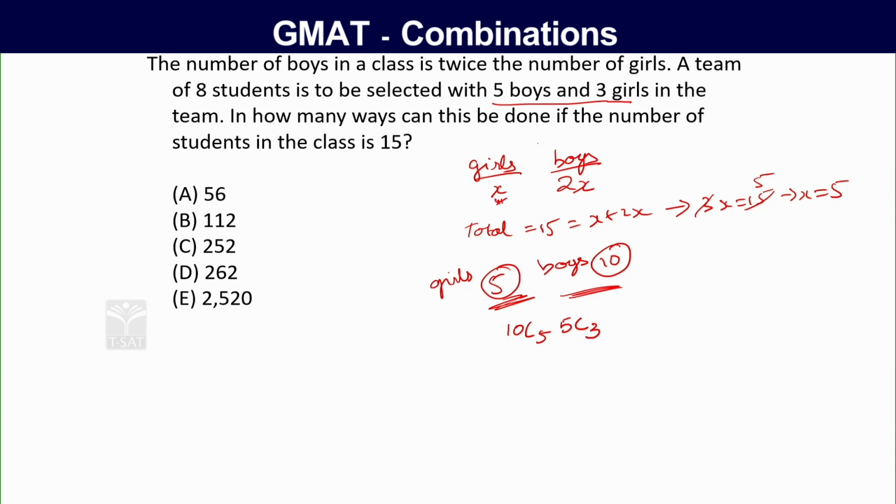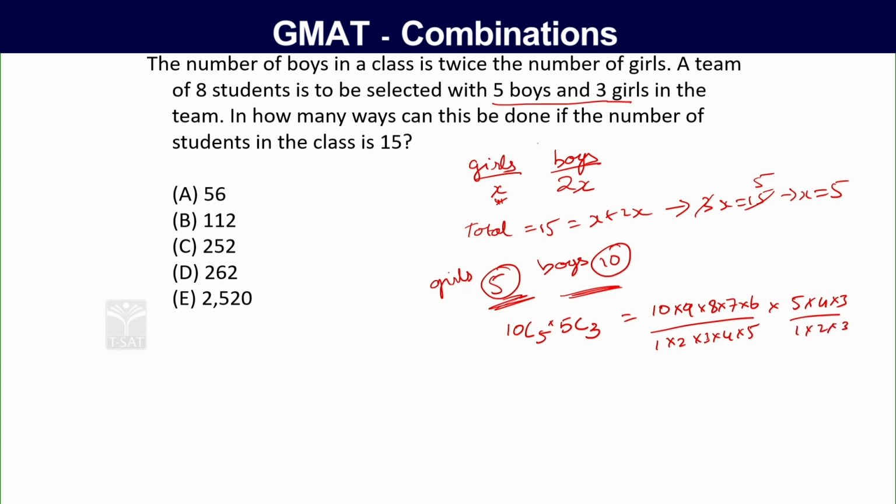And you have to do both of these. So if you solve this, 10, 9, 8, 7, 6 divided by 1, 2, 3, 4, 5 into 5C3, which is 5, 4, 3 divided by 1, 2, 3.